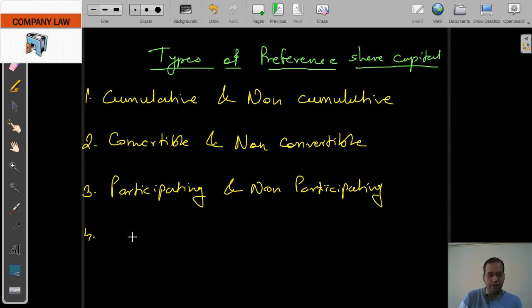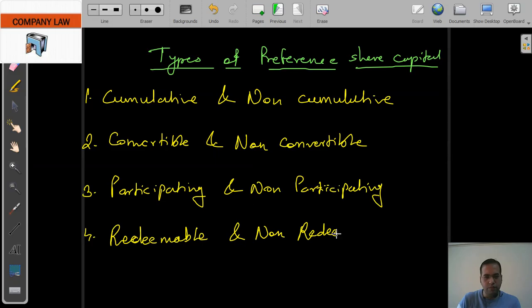Fourth category is redeemable and non-redeemable. Okay, so these are some of the categories of the types of preference shares.